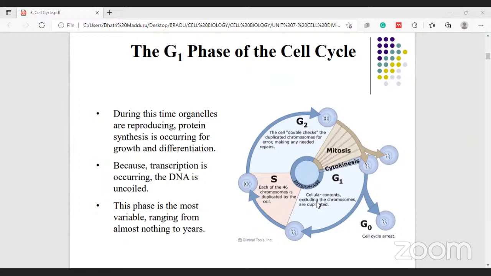That is euchromatin, the true chromatin, which is not coiled. Therefore, it is easily accessible for the proteins and enzymes involved in replication and transcription. This stage is also variable, as each organism will have a different amount of time.